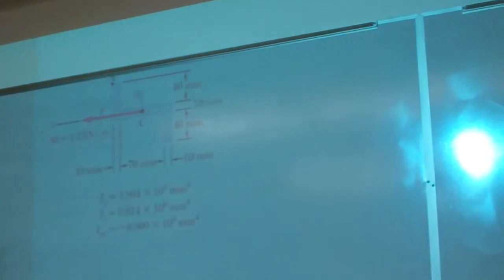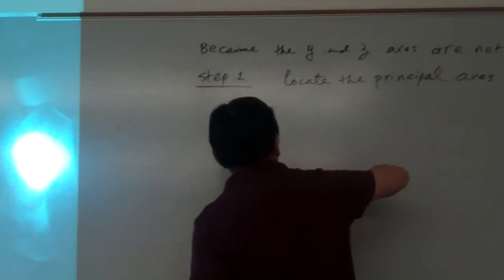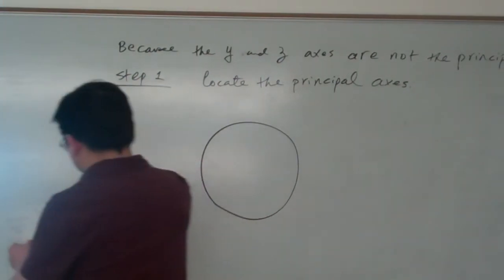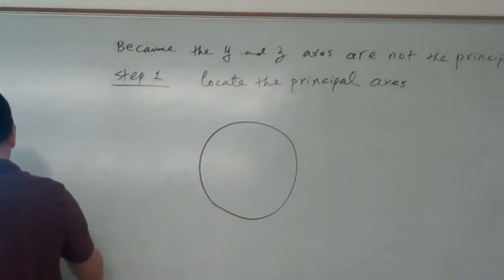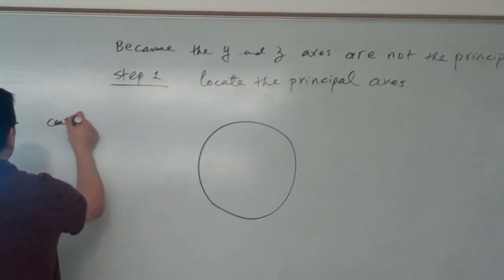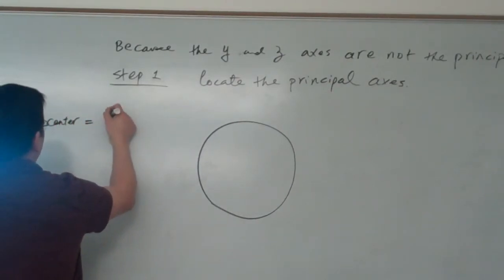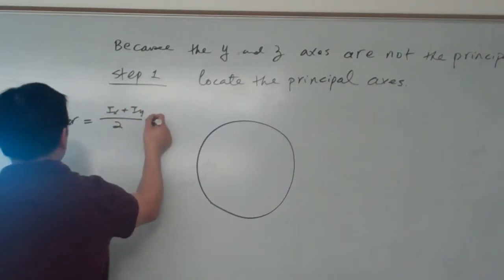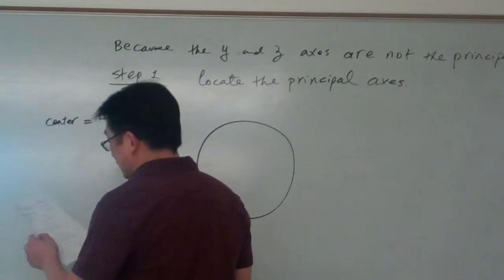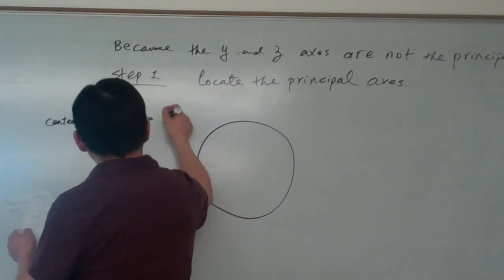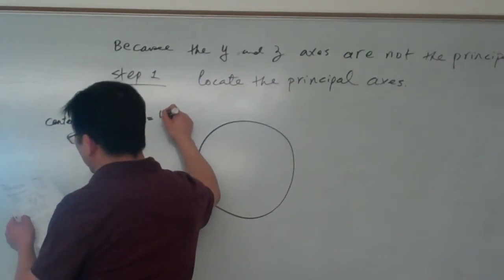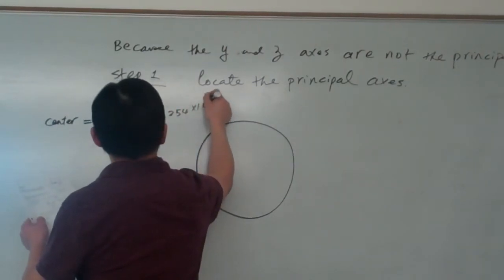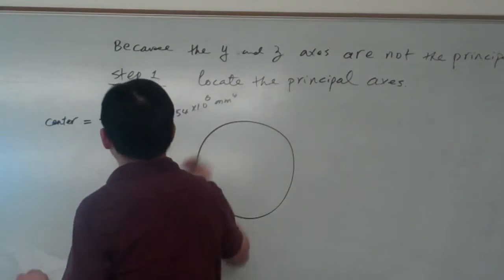So for this one, we are given those things. Then we can make a circle, and for the circle, we calculate the average. The center is Ix plus Iy divided by 2, and so for this one, the center is at 1.254 times 10 to the 6 millimeter to the 4th power.